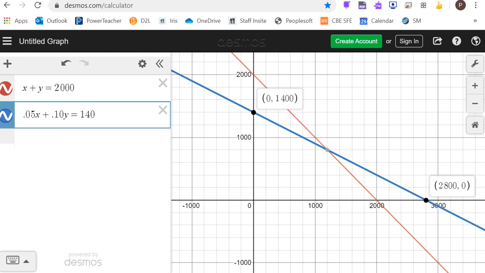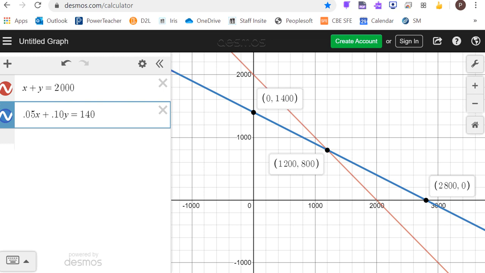This is the opposite side of things. If I give you 2,800 cans and 0 bottles, still going to get $140. Everything along this line are different combinations where I can get $140. But this is the only one where I've specifically donated 2,000 items on the nose.